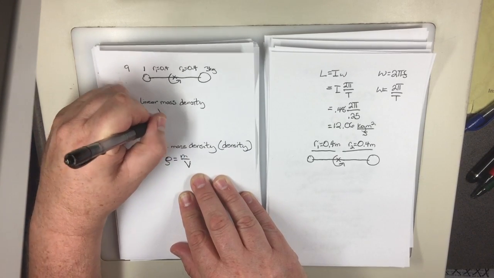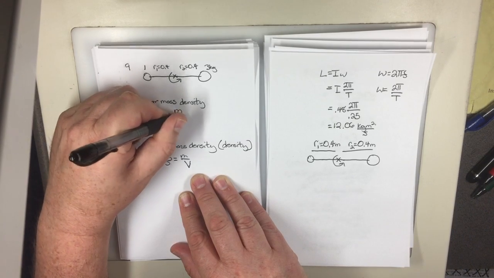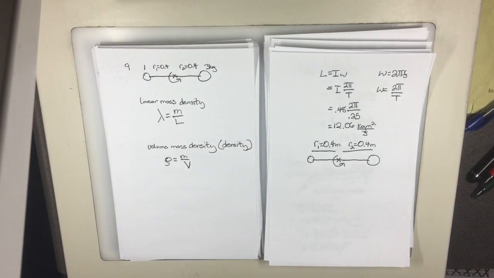Linear mass density is lambda, or mass over length. So it's a different style of density. When is it really useful? For situations where you can more readily measure an object's length rather than its entire volume, like guitar strings or rods.